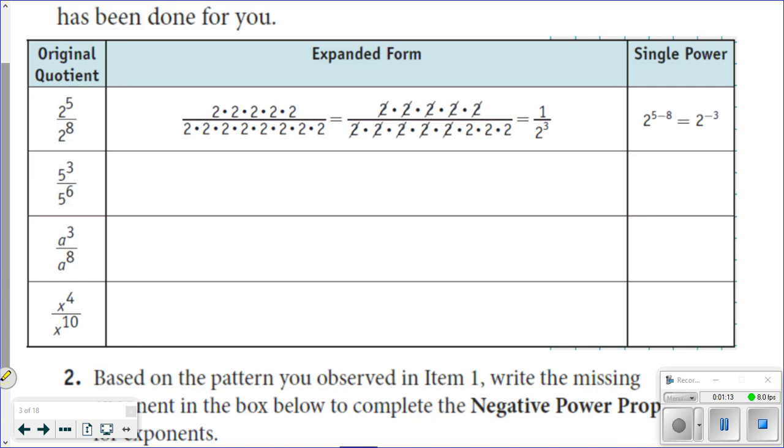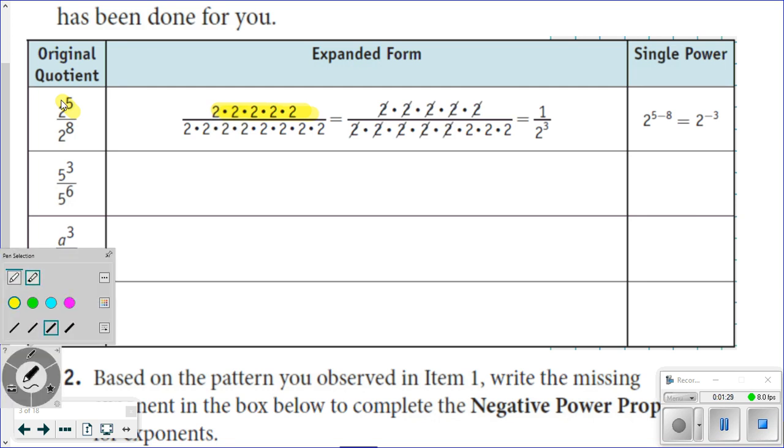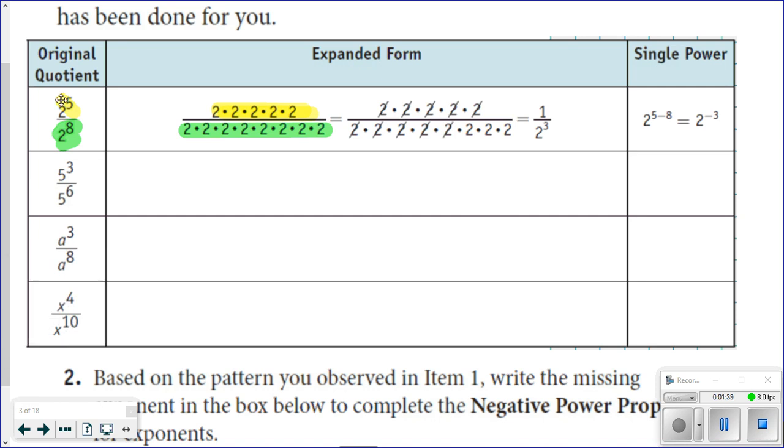In the numerator, we have 2 to the 5th power, which means 2 multiplied by itself 5 times. So it's written out for us. In the denominator, we have 2 to the 8th power, which is 2 multiplied by itself 8 times. And that's written out in the denominator for us.